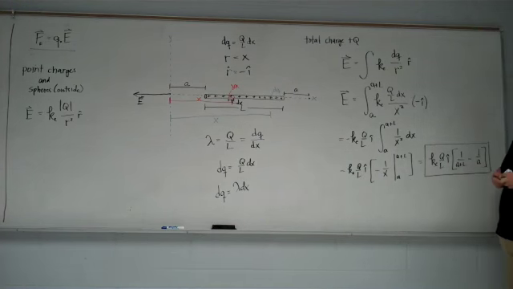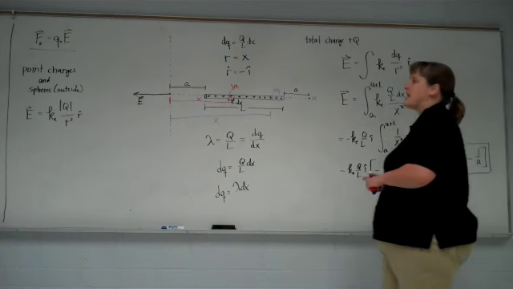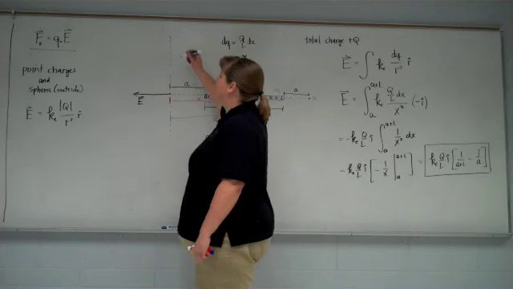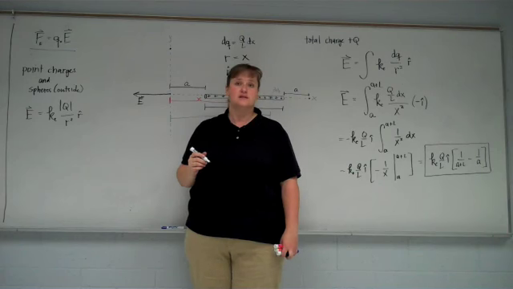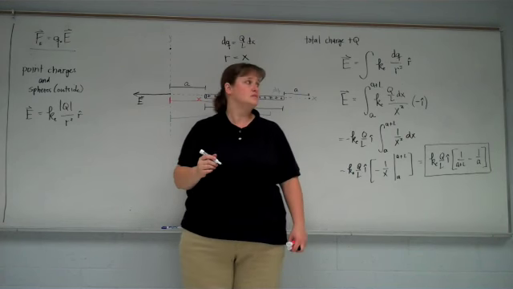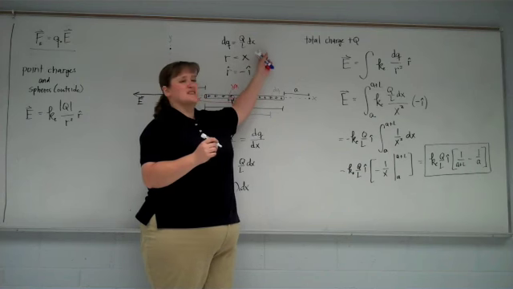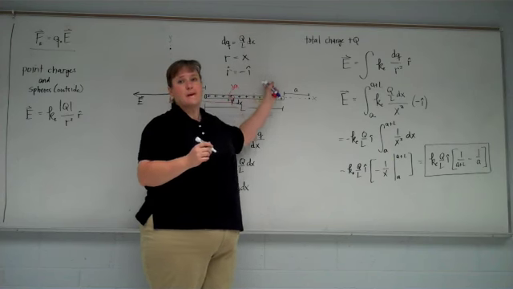So the electric field along the line of the rod is that way. Is that equation going to be valid if we want to know the electric field up, say up there? No. Some of these change.